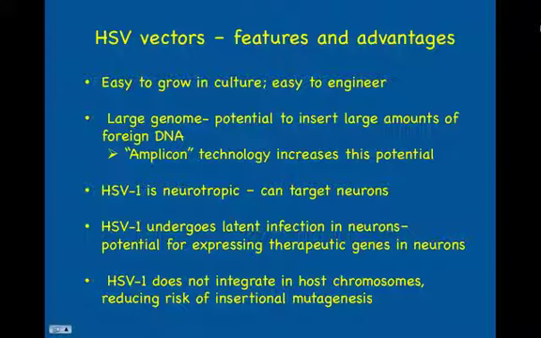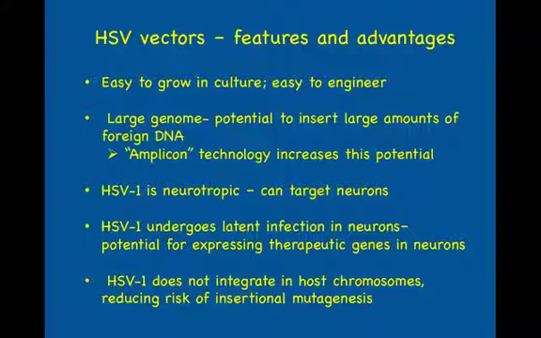HSV vectors, the features and advantages: easy to grow in culture. You get the Amplicon technology, which we just talked about, so you can get a huge amount of foreign DNA inside of them compared to something small like influenza, which can't be used as a vector, but small things like measles.